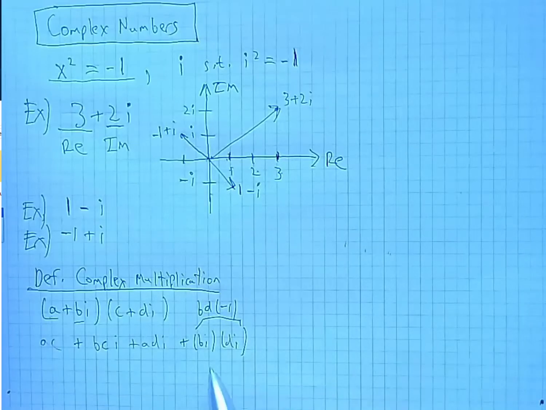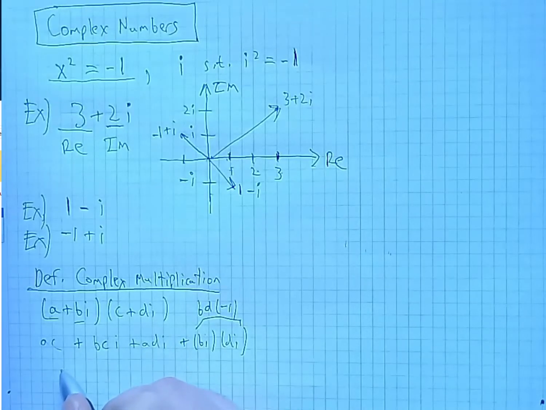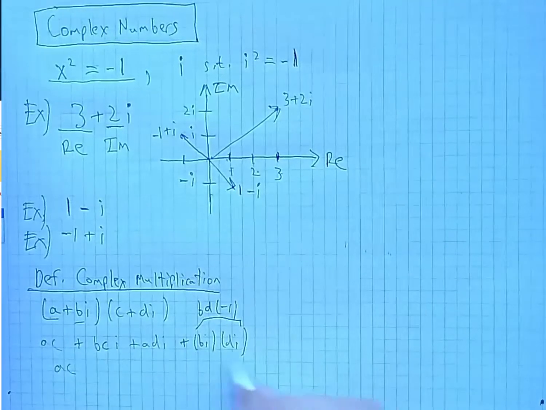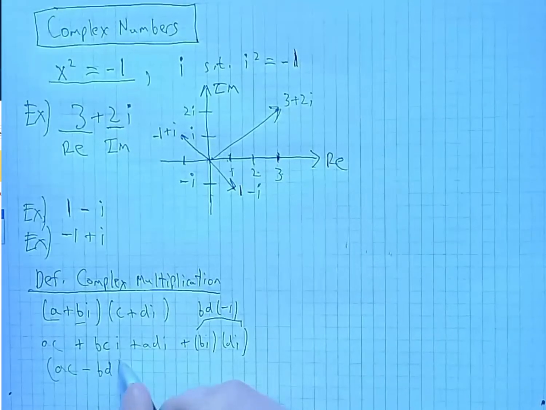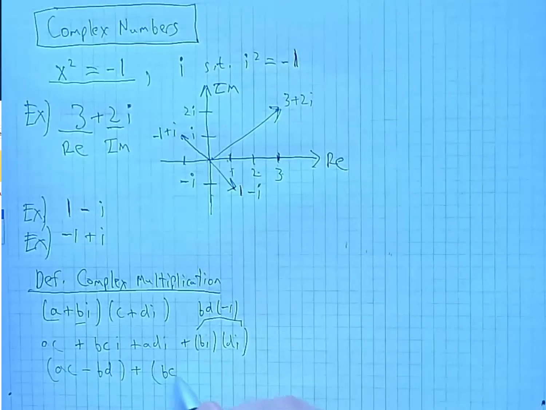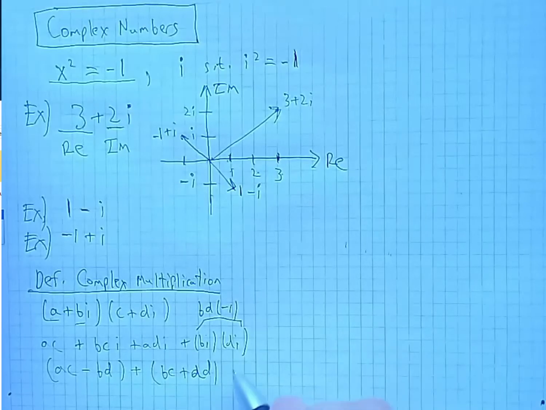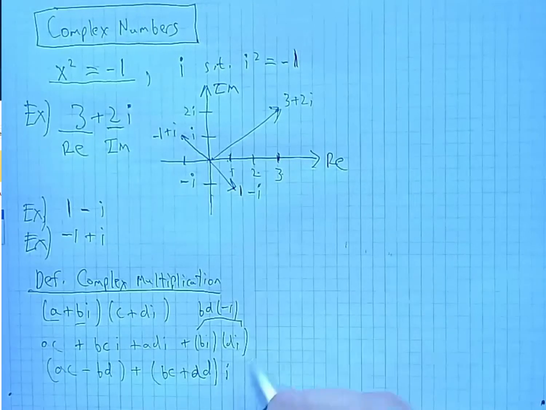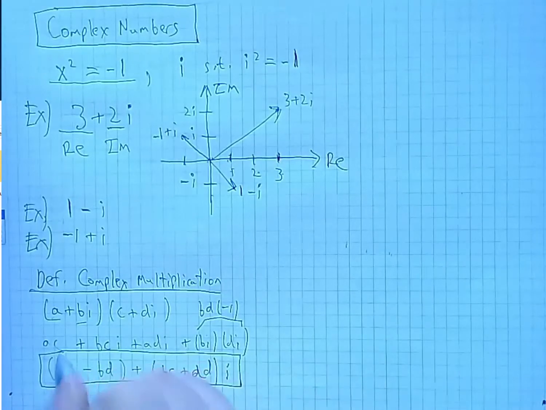So if I combine like terms here and keep the reals with the real and keep the imaginary with the imaginary, then what I get is ac minus bd, that's the real part, plus bc plus ad times i. So this is my multiplication rule.